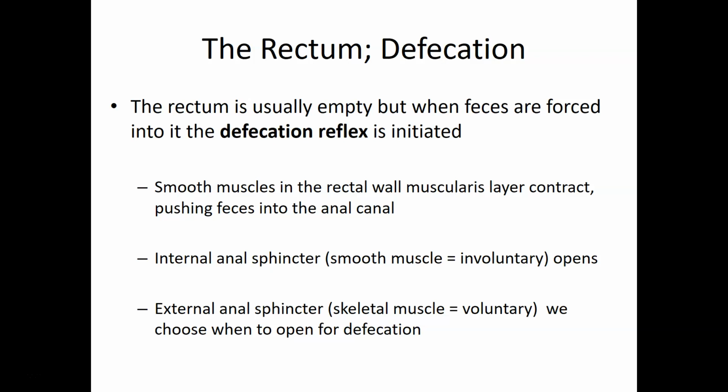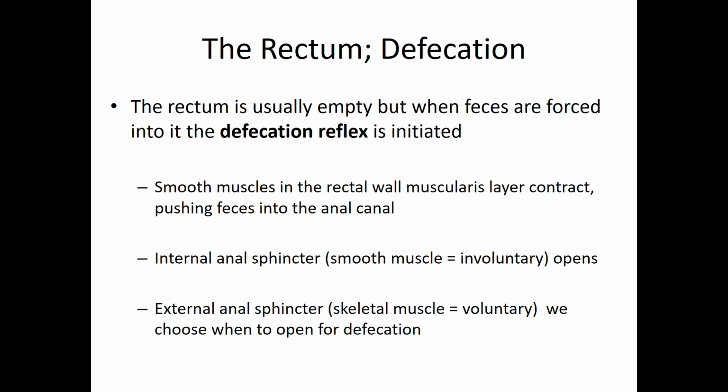But this sphincter is a little bit different from the other sphincters. Other sphincters are entirely made up of smooth muscle and are controlled involuntarily. The anal sphincter actually has two sphincters within it. One is a smooth muscle sphincter, which is controlled involuntarily. And that's what's controlled through the defecation reflex.